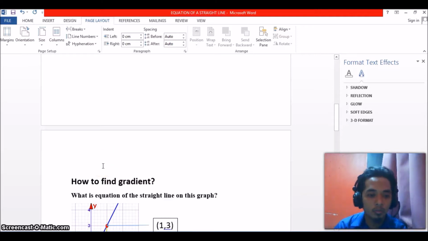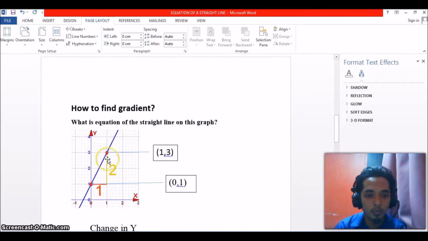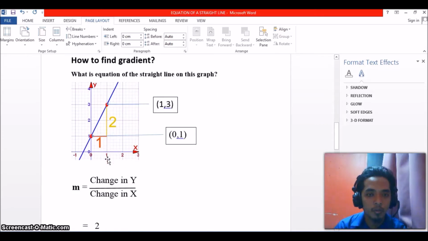First of all, you must know how to find the gradient. You can find the gradient in two ways. The two ways are either you use the graph or you use the formula. Yes, you can use the formula.